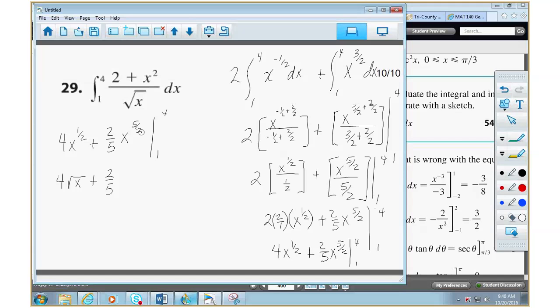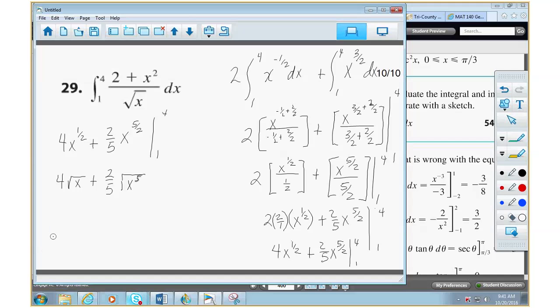Exponent over index, so that's going to be the square root of x to the 5th, which basically is x times the square root of x, but we're not going to do that.